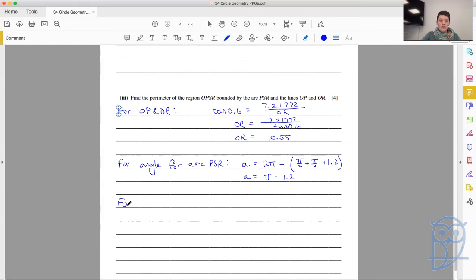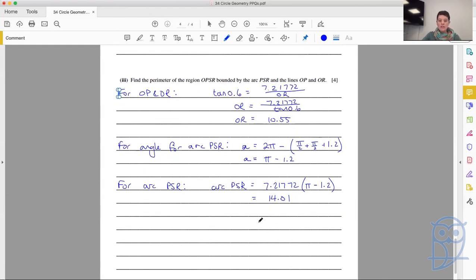So for arc PSR, we then have arc PSR equals r times theta, 7.21772 times the angle pi minus 1.2, and that gives us 14.01.